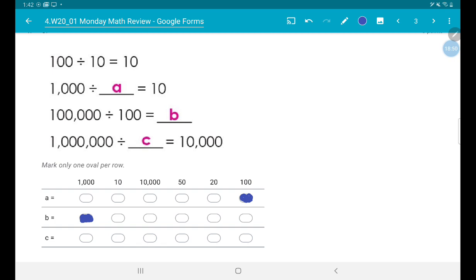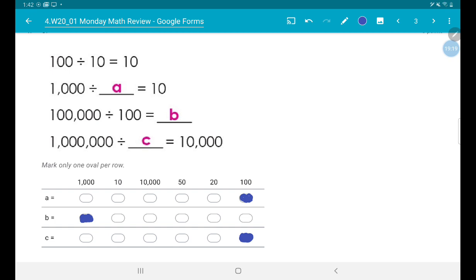I have 1 and 2 zeros left. So what does that make? 100. That was so confusing. Okay, let's look at it. 1 divided by what equals 1?